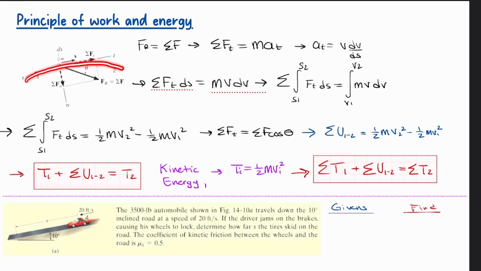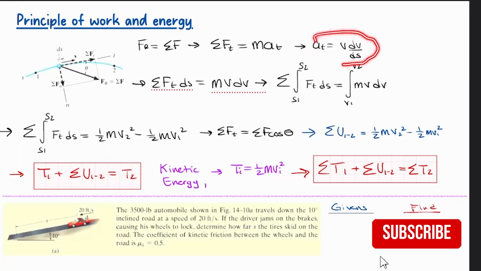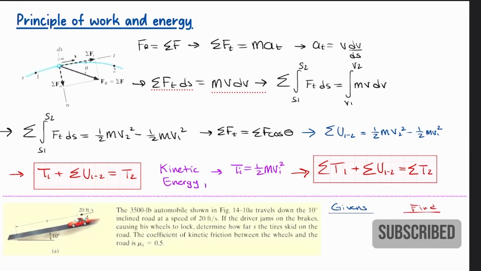Let's say this is moving in a curve. The force in the tangential direction equals mass times acceleration in the tangential direction, where acceleration in the tangential direction can be found using the equation v dv over ds.